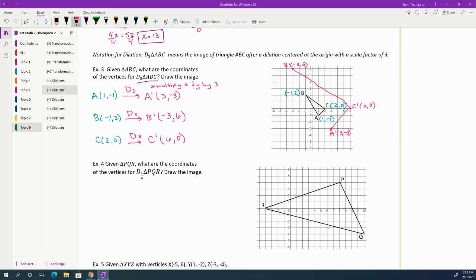If you're doing this on paper, I highly urge you to use a ruler, straight edge of some sort. All right, should look about like that. So hopefully you can visualize a little bit in your head that that larger triangle is 3 times the size of the smaller triangle. Each corresponding length is 3 times as long.